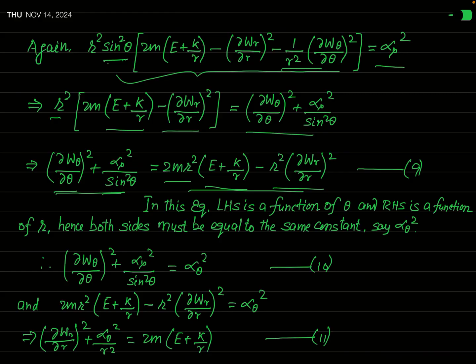So for all values of R and theta, this equation 9 will hold only when both sides of this equation are equal to the same constant. Now let us denote that constant by the symbol alpha theta squared. So we can write this LHS, (del W theta by del theta) squared plus alpha phi squared over sin squared theta, equal to alpha theta squared. And again this RHS is also equated to alpha theta squared.